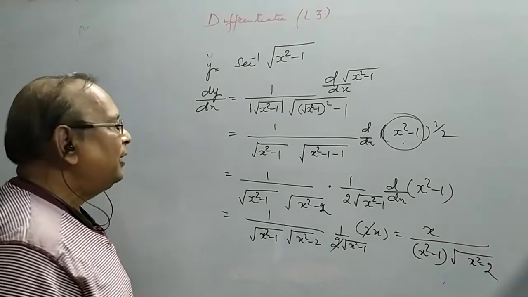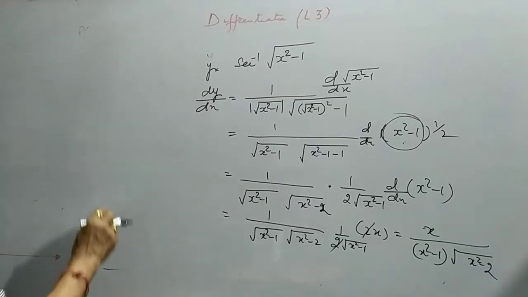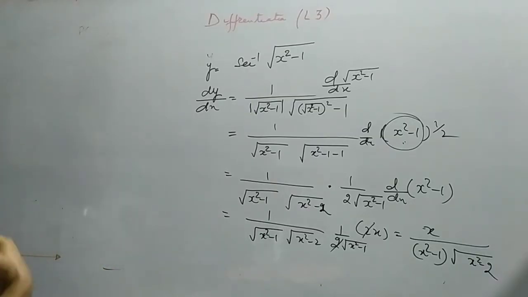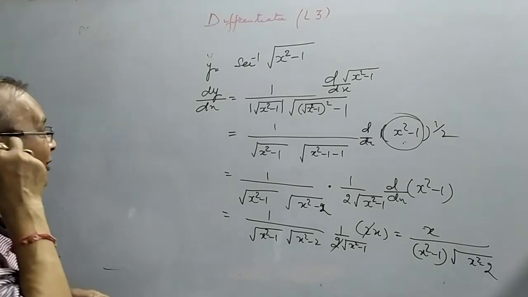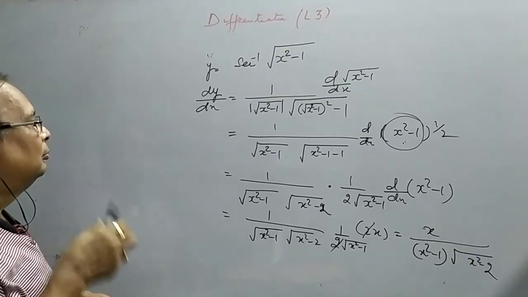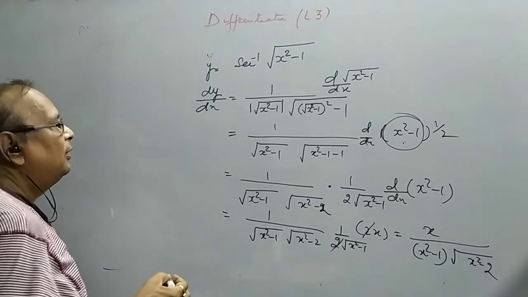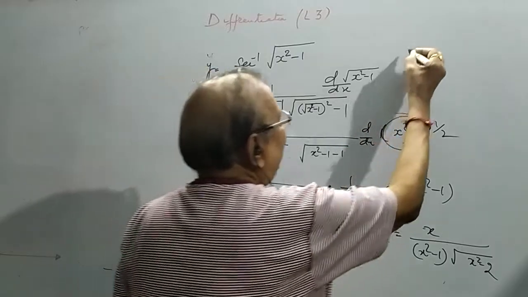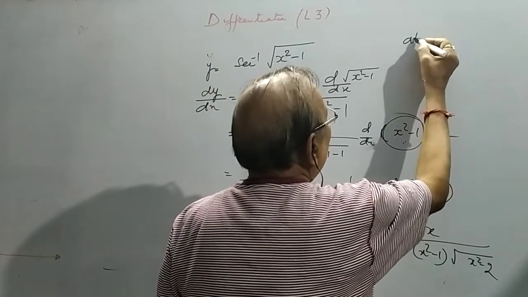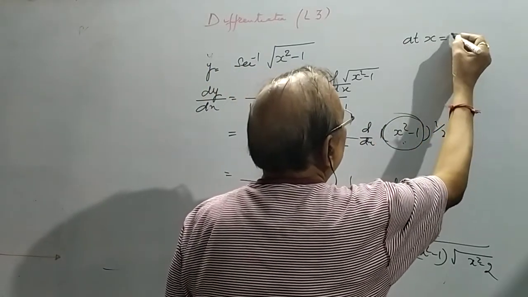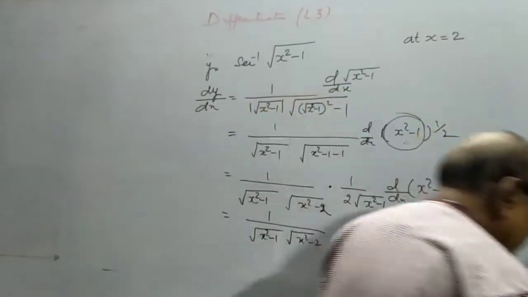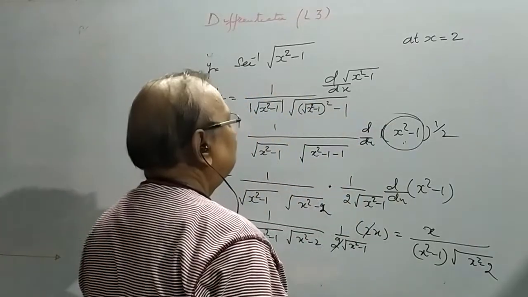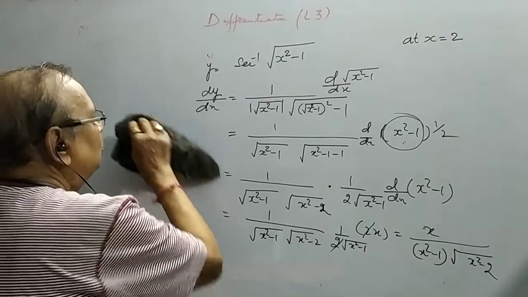Now if we are interested to find the value of this derivative of sec inverse under root x square minus 1 at x is equal to, suppose, 2. In that case put the value of x as 2.